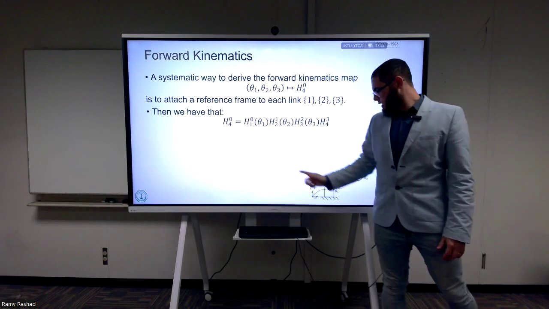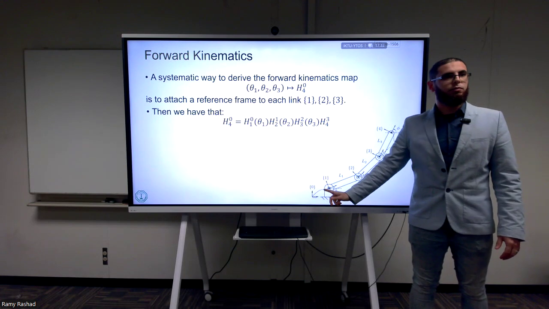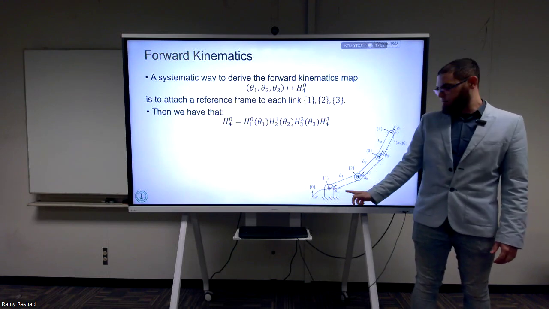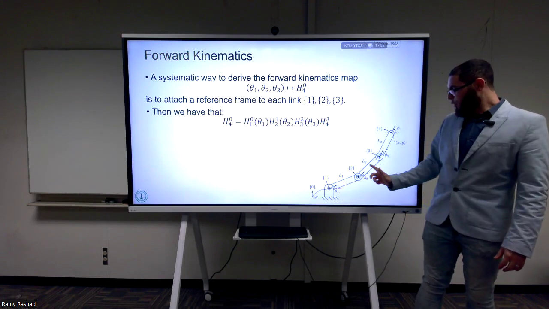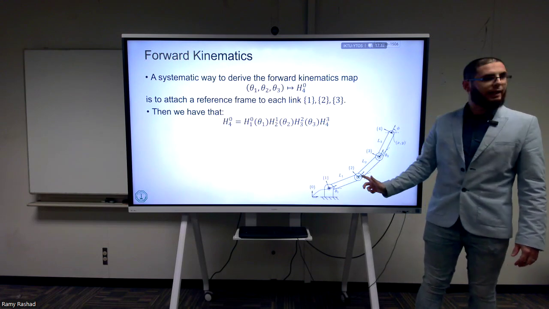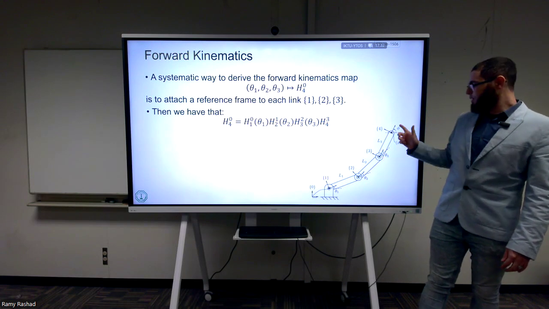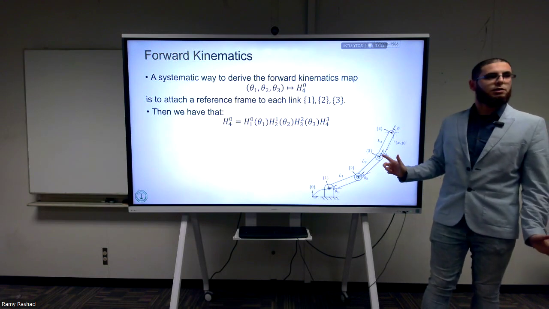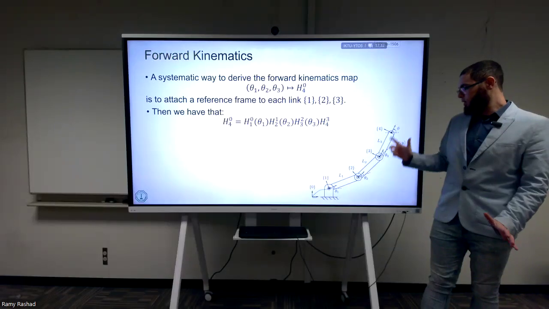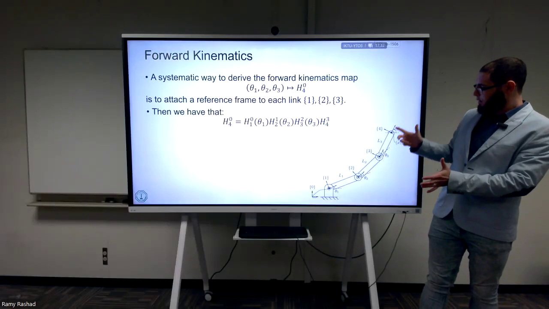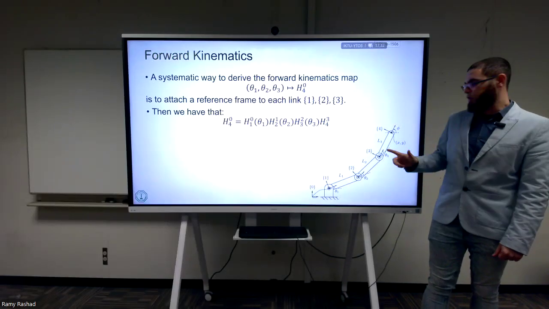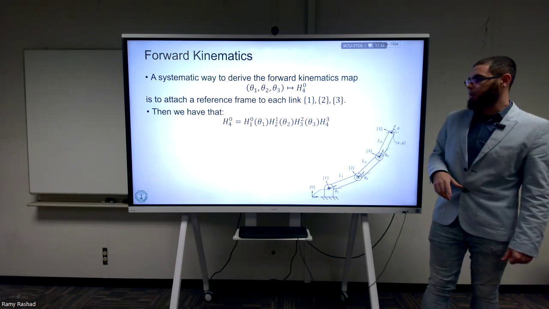Frame 1 with respect to 0 is a function of this angle theta 1. Frame 2 with respect to 1 is a function of this angle theta 2. Frame 3 with respect to 2 is a function of this angle theta 3. But frame 4 with respect to 3 is just a constant, an extra translation along this link, so that we go from this joint to the end effector.